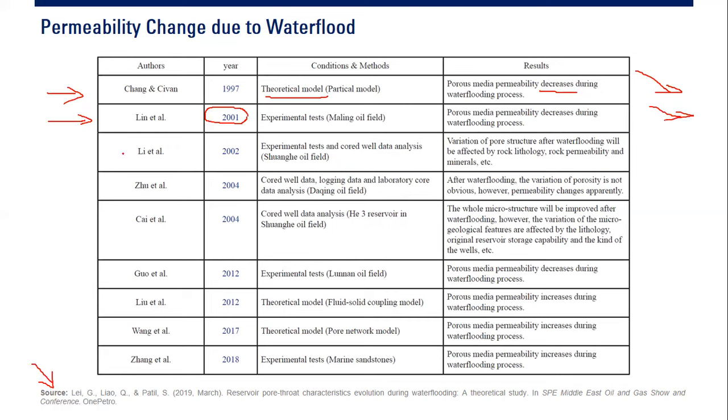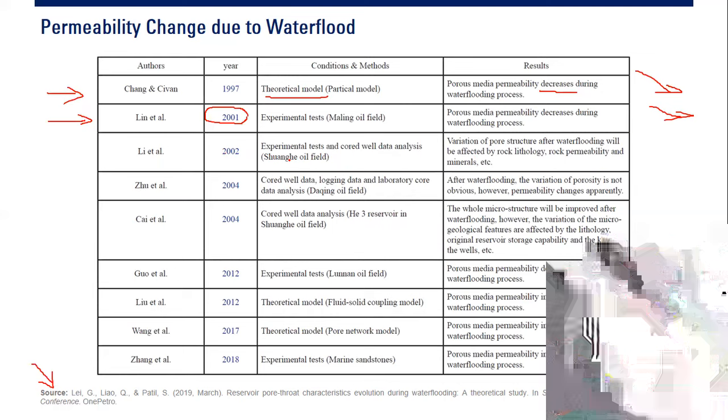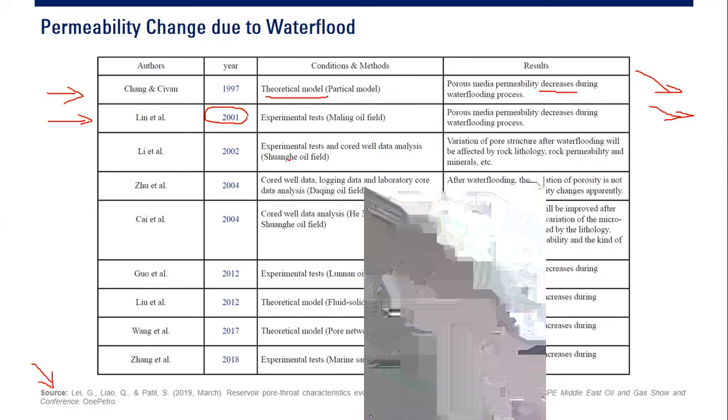And then Li et al. in the next year, 2002, they conducted experimental tests and core well data analysis. And they said that variation of pore structure after water flood will be affected by rock lithology, rock permeability, and minerals. Okay, basically, they agree that permeability will not be constant throughout the water flood, but you can expect there will be permeability change.